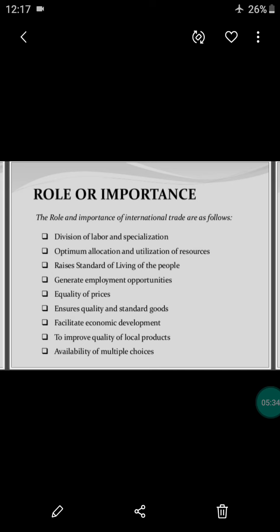Some countries have major raw materials or natural resources that are very important for the production of maybe metals or chemicals, and some countries do not have such natural resources. So those countries are specialized in providing services, maybe software services or engineering services or medical services also.